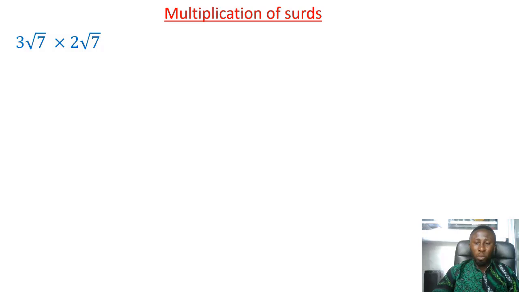Negative 1 times negative root 3 is positive root 3, because negative times negative is positive. So let's simplify further. 2 root 3. Then we know that the square of root 3 is the same as 3, because the root is a half power, so multiplying by the 2 will cancel it. That's why I said the square root always cancels the square. So it's 3, then minus 2 plus root 3.